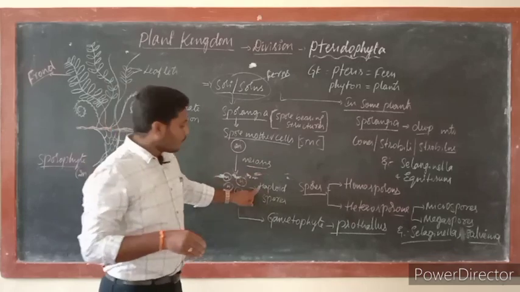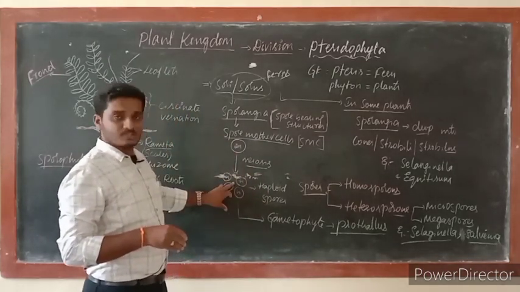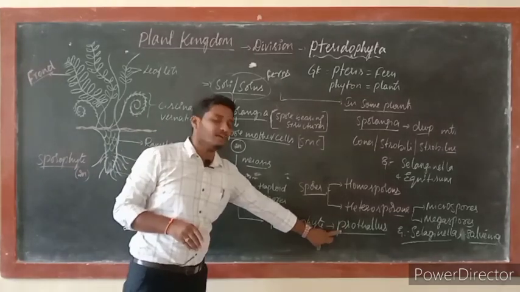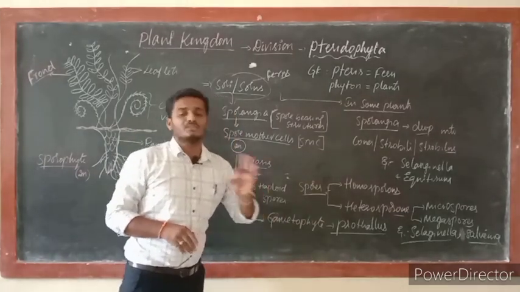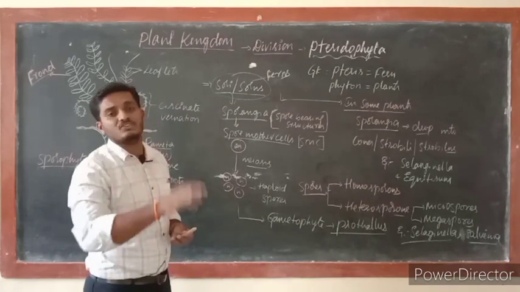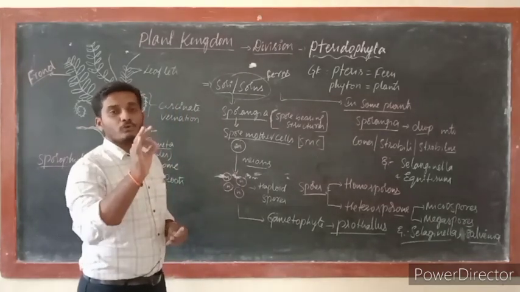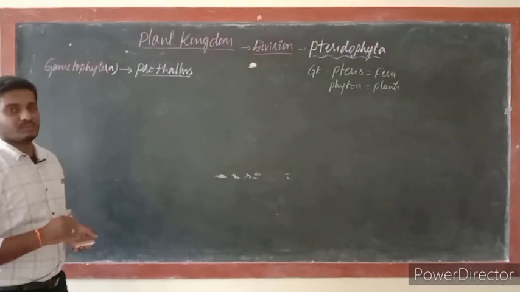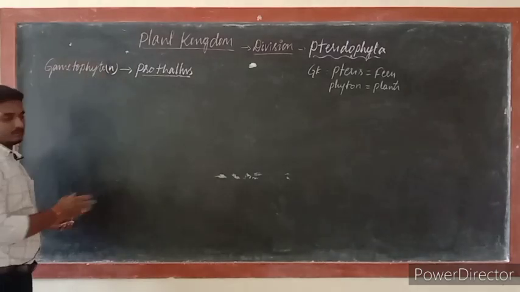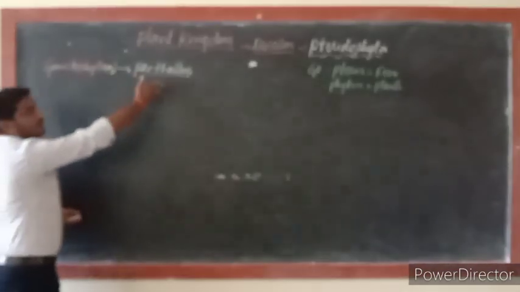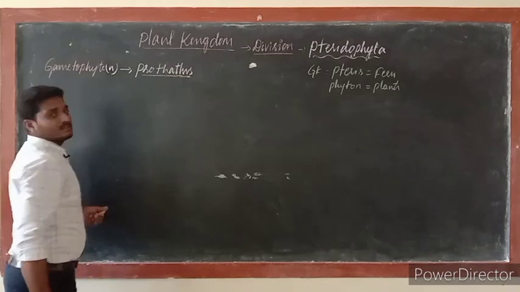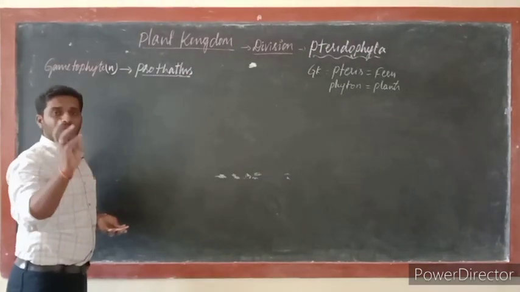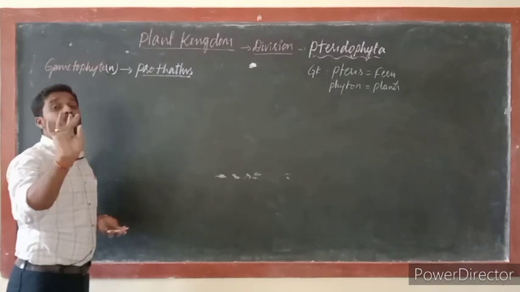2n will be there. That is the sporophytic plant body, which produces spores. The spores germinate and give rise to the gametophytic plant called prothallus. Generally, the prothallus is a photosynthetic, heart-shaped structure. As we move towards the gametophyte, the spores develop into the gametophyte called prothallus. This prothallus is small, multicellular, and free living.